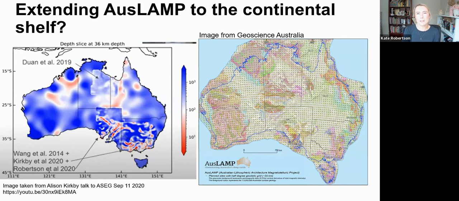So how would we make this feasible? For this previous survey, Scripps shipped over 12 marine MT instruments for us, and we used a small fishing vessel, which worked perfectly for those purposes. But if we really wanted to make a dent and understand the extent of, for example, the metal fertility corridors that we're seeing, the deep signatures of mineral systems with AuSLAMP, and see what happens to them offshore, then we're going to need a bigger scale project.